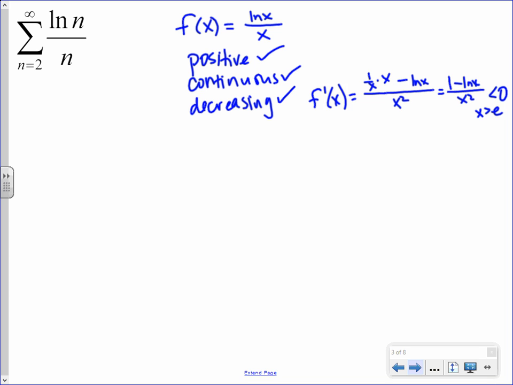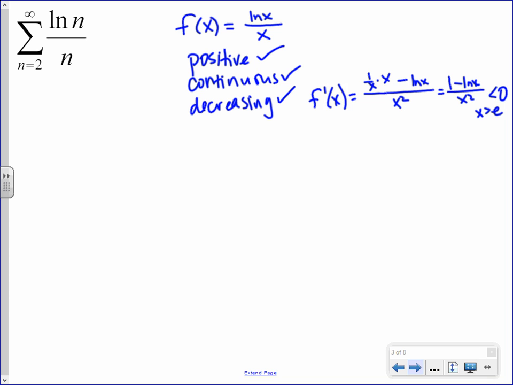I know e is 2.7, but from 3 on, if we're talking about the sequence, it's decreasing, so that's fine. E is not even a part of our sequence because we have to have whole numbers.